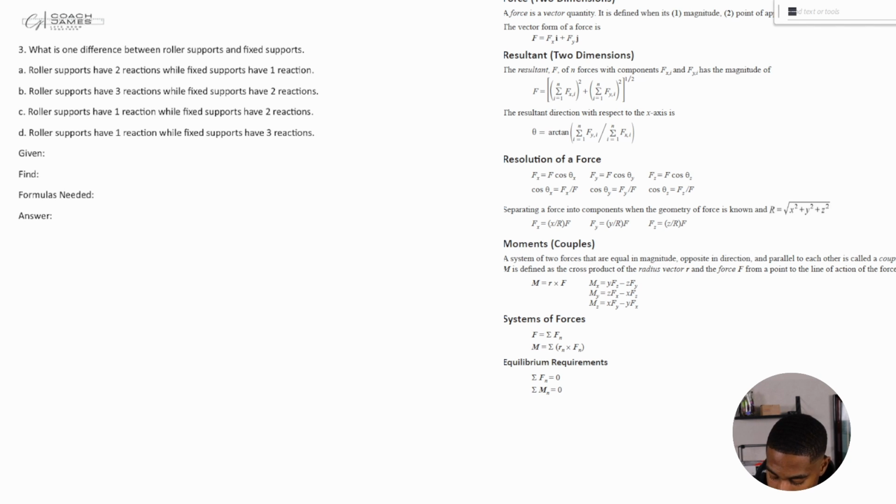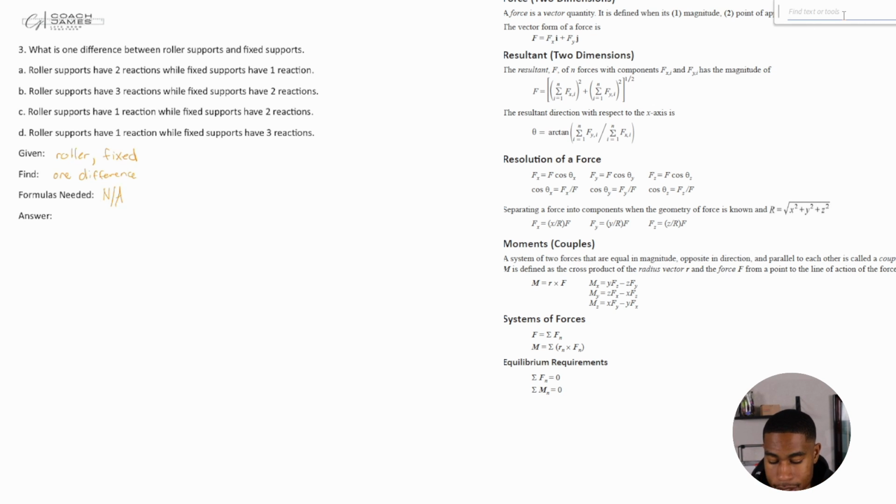I'm just comparing roller, and I also have fixed, and you want to find one difference. Formulas needed, not applicable.